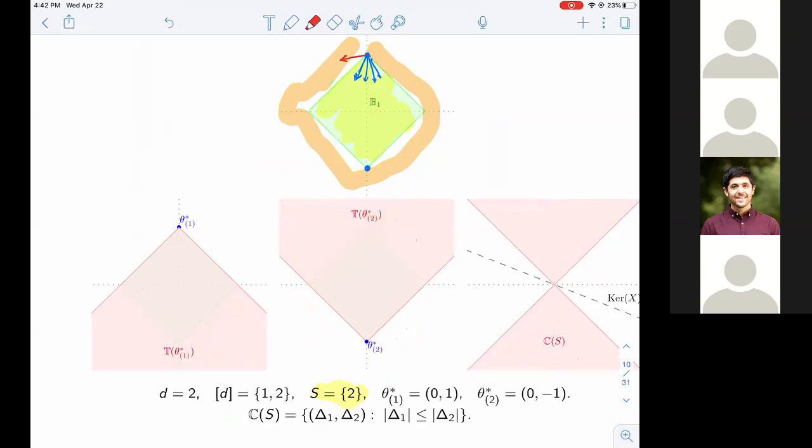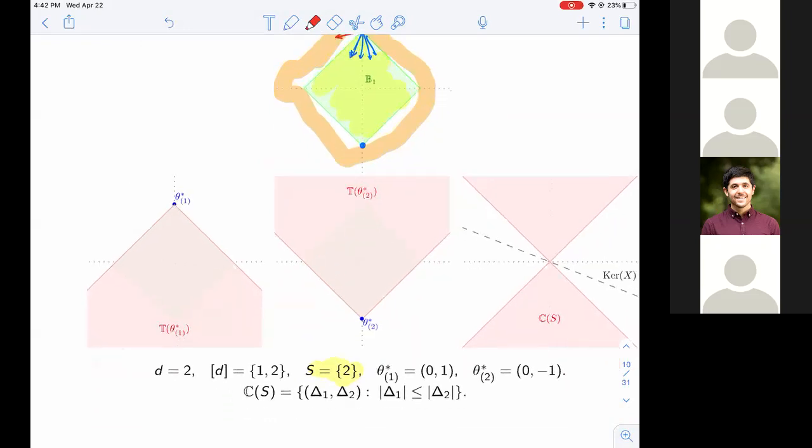And then if you take the union, you have to think about the directions as if the origin is centered at theta star. So if I want to look at them properly, I have to center this cone at the origin. So the tangent cone is basically this guy translated to the origin.